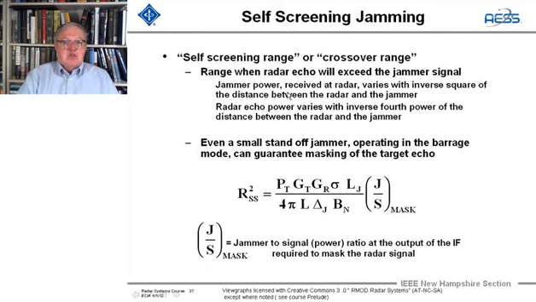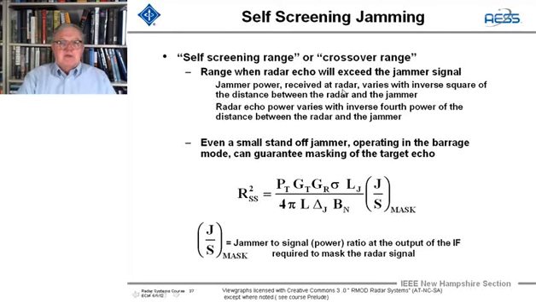And the jammer always has an advantage that you have to deal with by lots of tricks, by putting nulls in the antenna pattern, which we're going to be going into, I think, a little bit later.